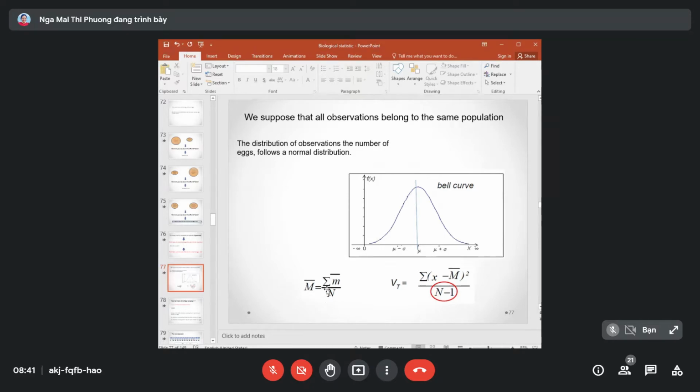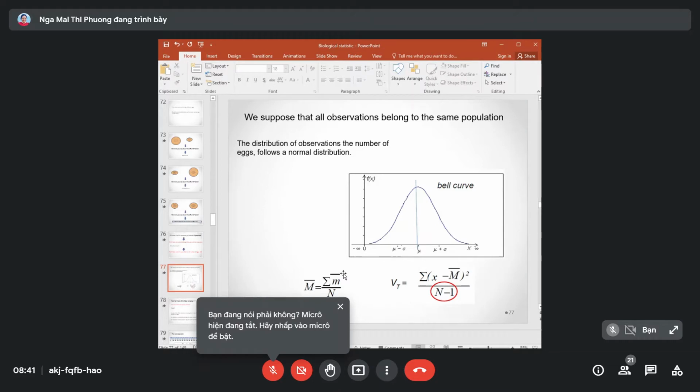The small mean here means the mean of each feed, so you have mean A, mean B, and mean C. And the big mean is the mean of mean A, mean B, and mean C. So you have a big mean and small means.